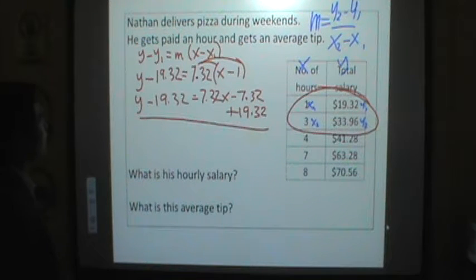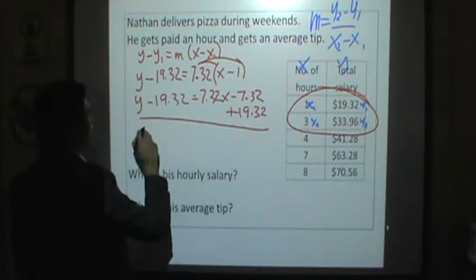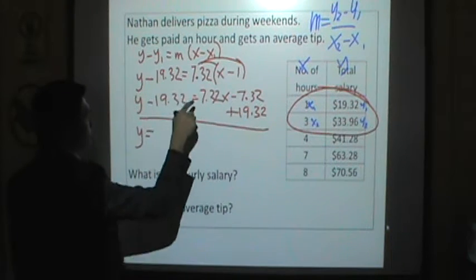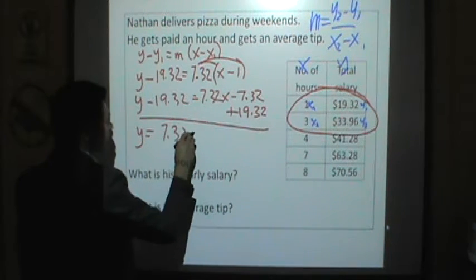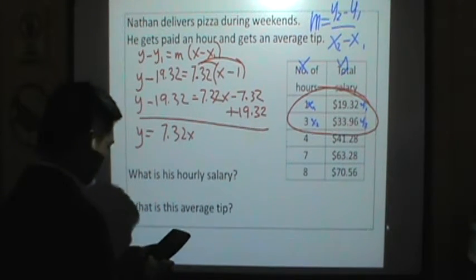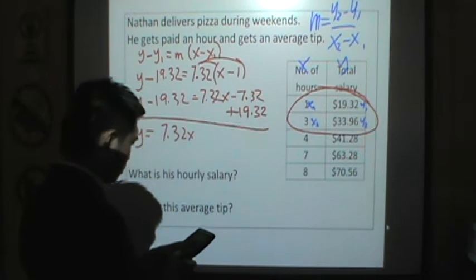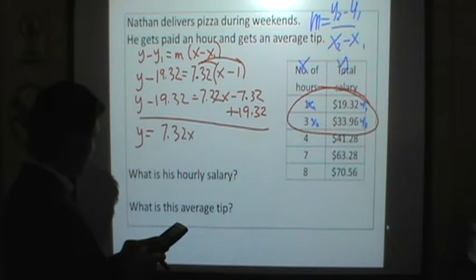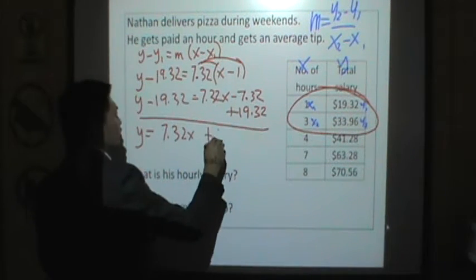Now we'll go ahead and get y equals 7.32x, and using our calculator, negative 7.32 plus 19.32, the answer is 12.